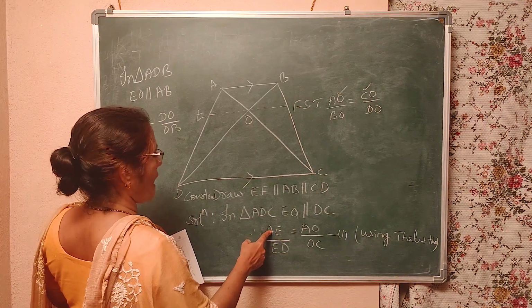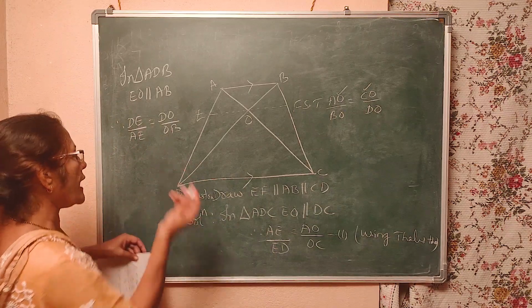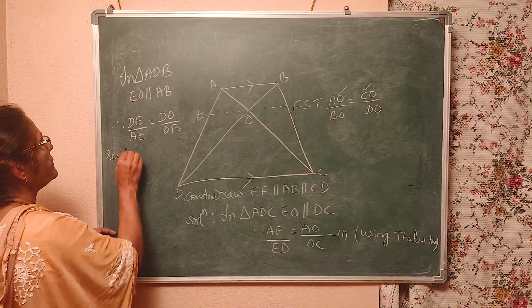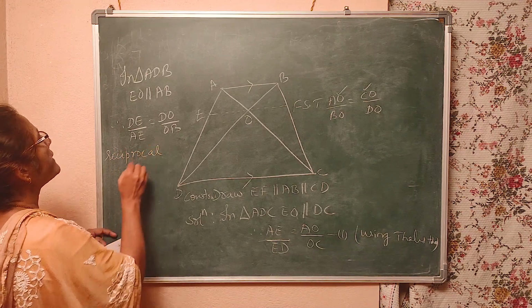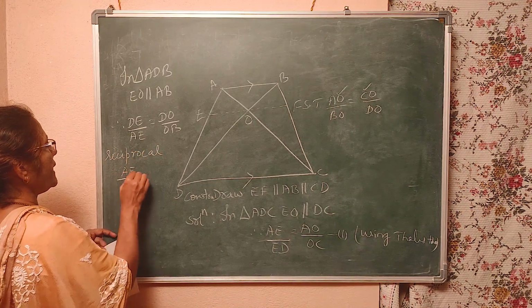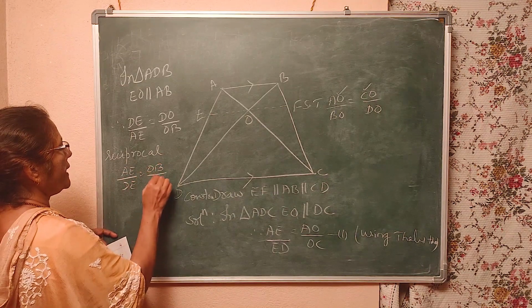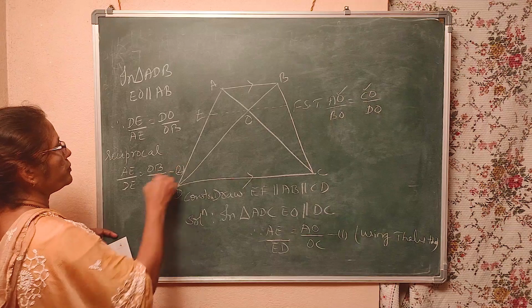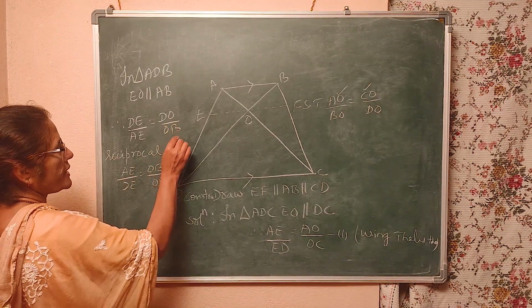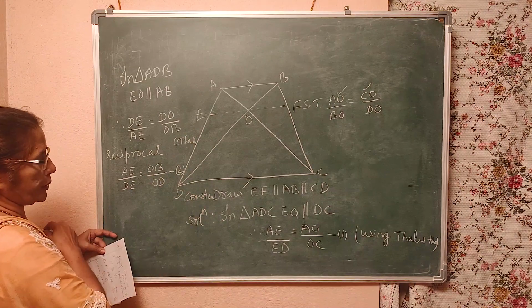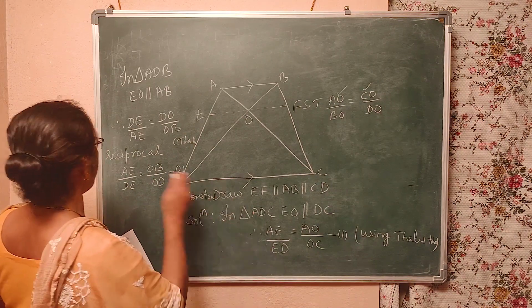Your AE is up here, AE is down here. So, let us take the reciprocal. By taking the reciprocal, what do I get? AE by DE is equal to OB by OD. Call this 2. This is by whose theorem? Again, Thales theorem. Comparing 1 with AE by ED, AE by ED.